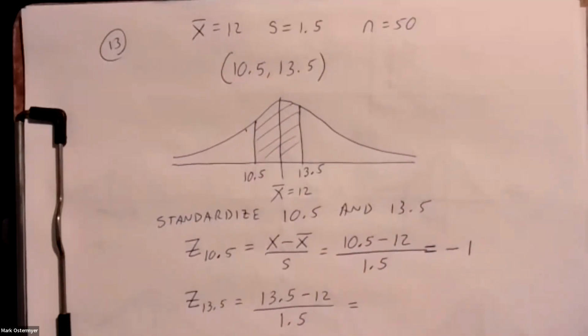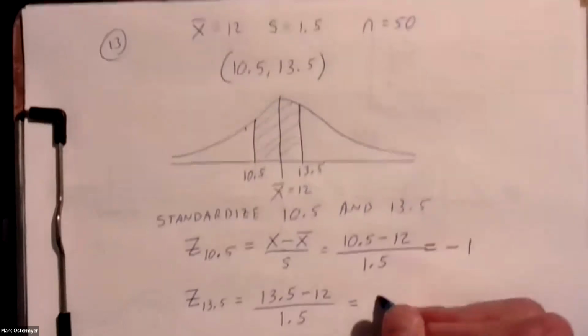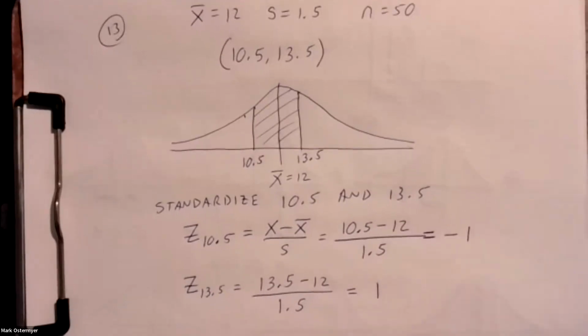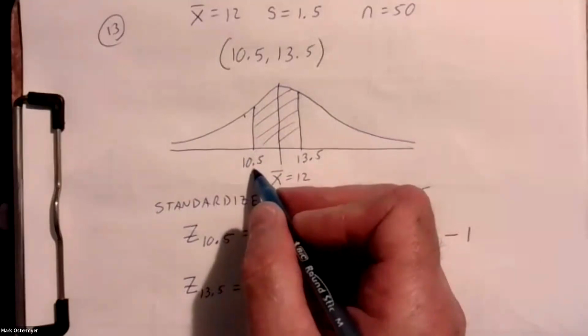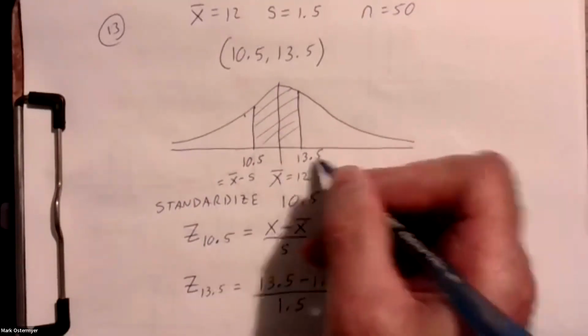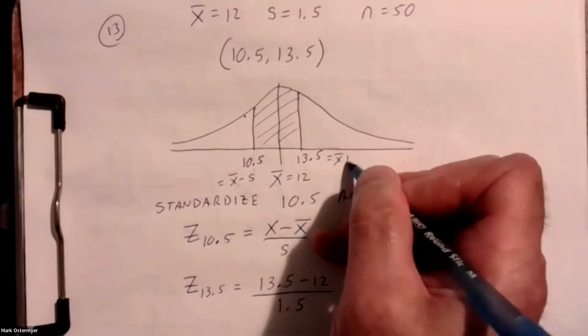What's the z-score of this upper endpoint? That happens to be 1 standard deviation above our mean. Do you agree? Isn't this observation 1 standard deviation below our mean, and this observation 1 standard deviation above our mean?